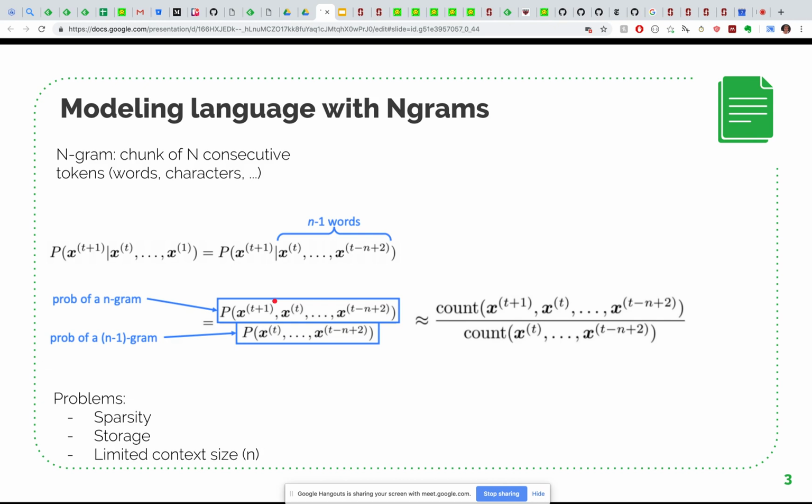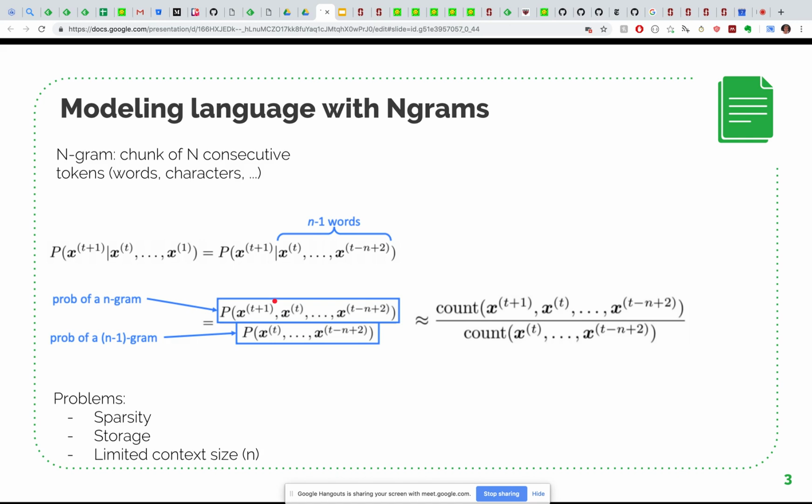A first way to approximate this probability is to just use some counting measures. We will count in a big corpus the number of times the whole window plus the next word appears, divided by the number of times the window appears.